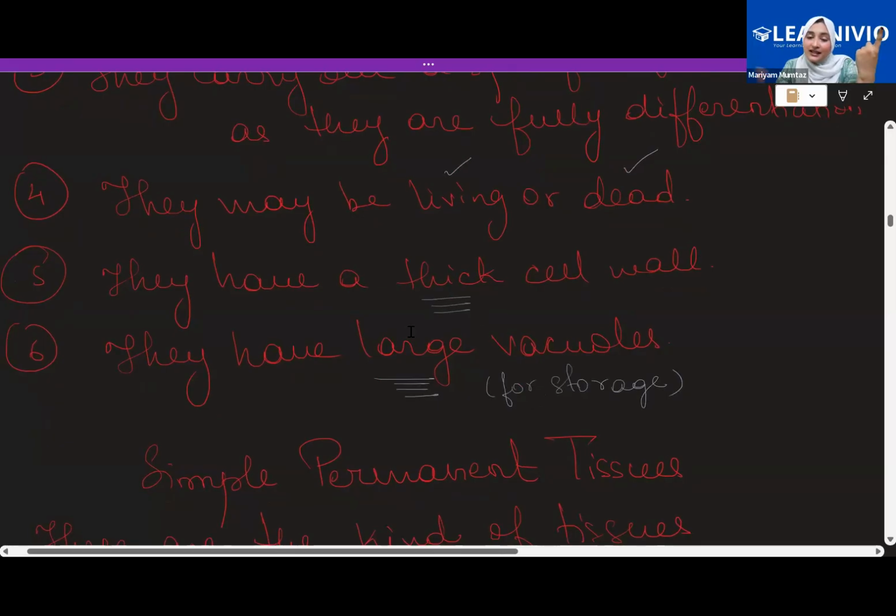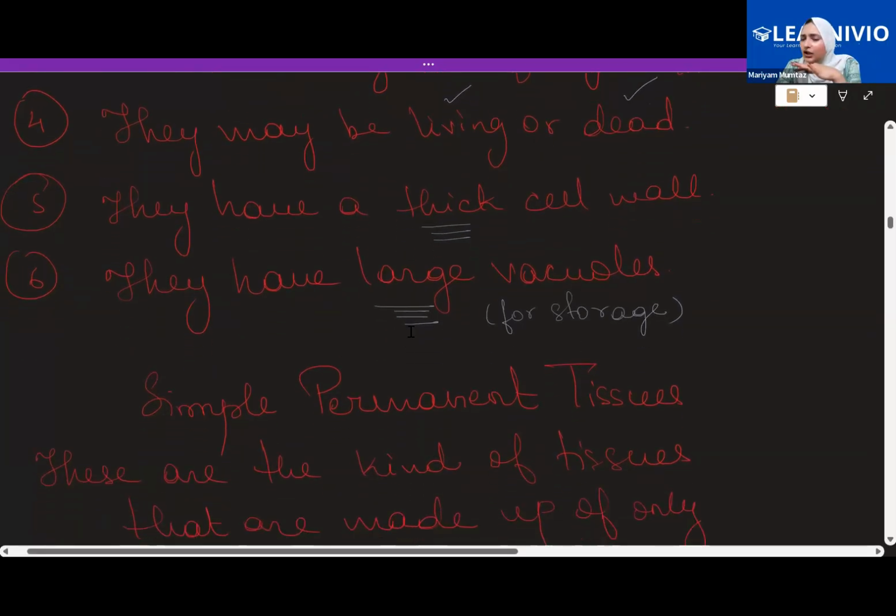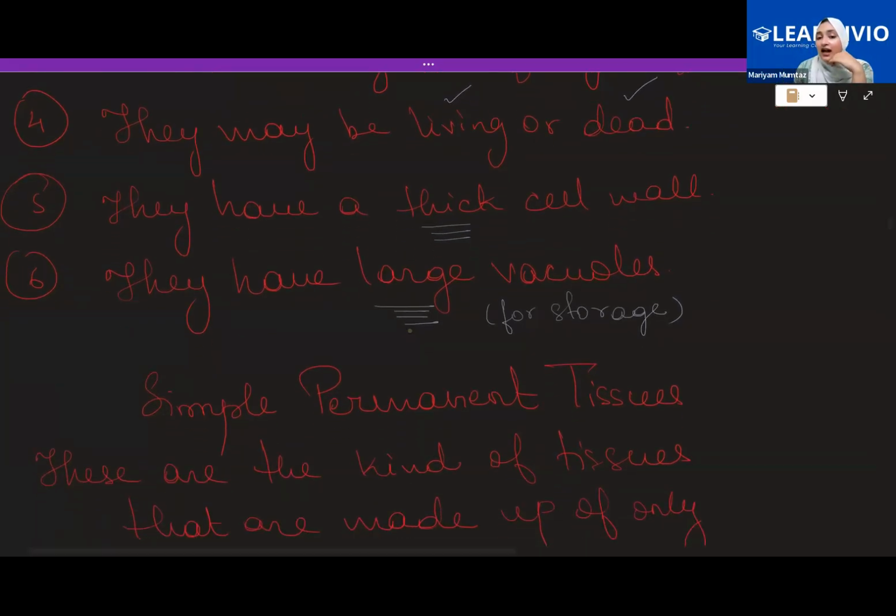If you remember, meristematic tissue had a thin cell wall. But here they have a thick cell wall. And since they are not dividing, they have large vacuoles for storage purposes. Whereas in meristematic tissues, vacuoles may or may not be present. Is it clear?